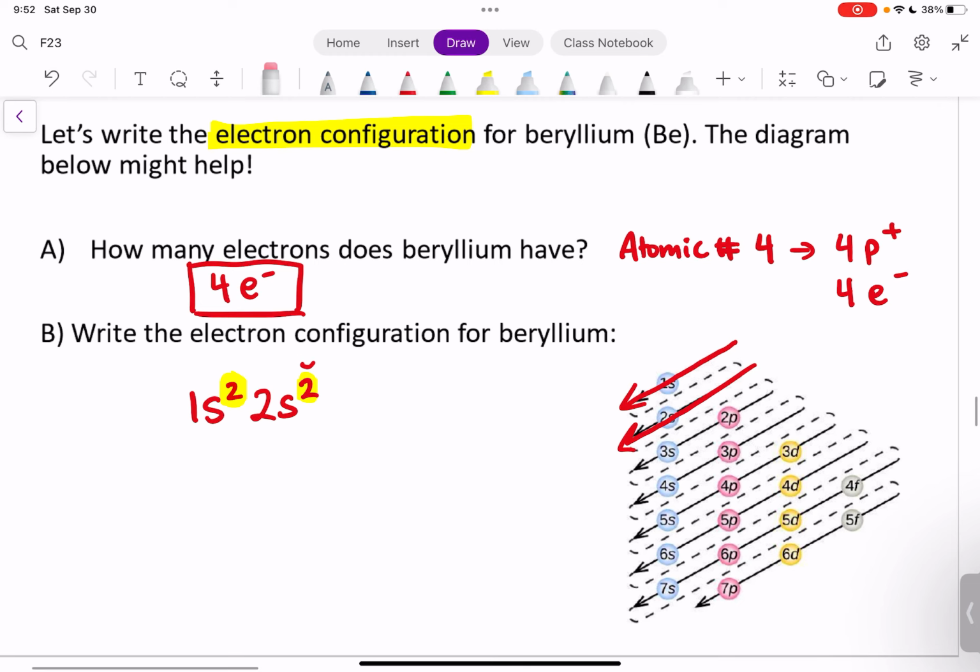Okay, so now, yay us, we've actually drawn the electron configuration for beryllium. And the coolest thing about this, why this is so useful, is that if we see some kind of unknown atom's electron configuration, like if I just give you this on a test, you'll actually be able to figure out, oh, hey, that's beryllium.